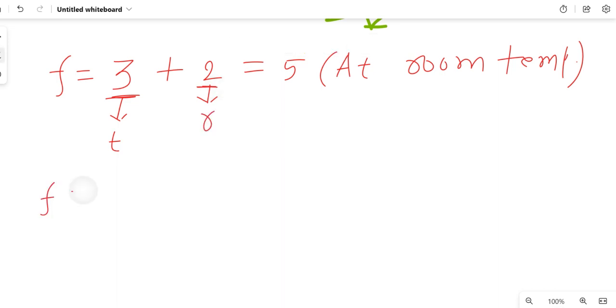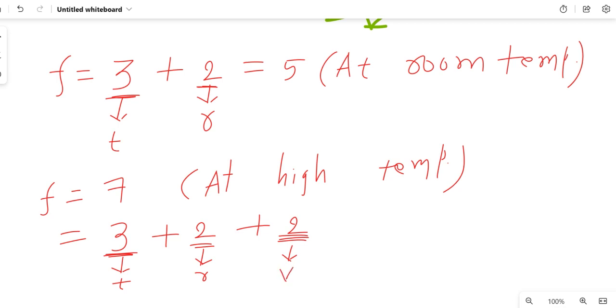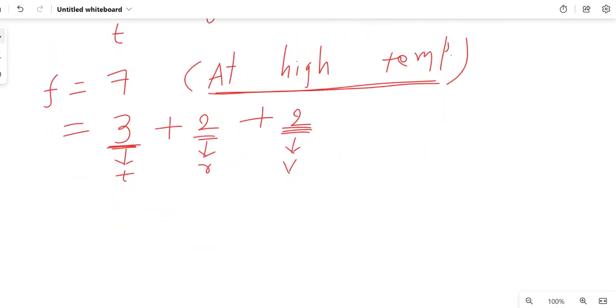And your degrees of freedom is 7 at high temperature, because at high temperature vibration motion is also present. So at high temperature, 3 are due to translation, 2 due to rotation and another 2 due to vibration. So the total degrees of freedom at a high temperature is 7.